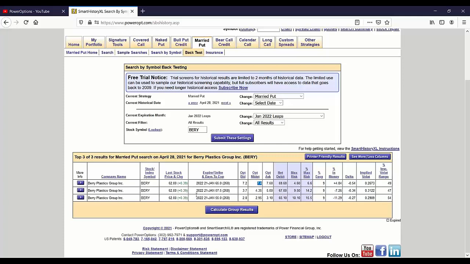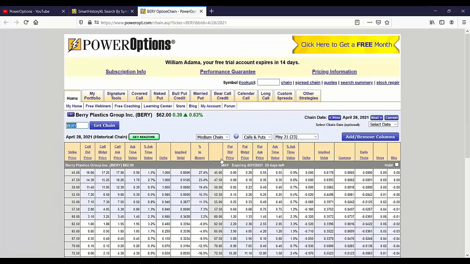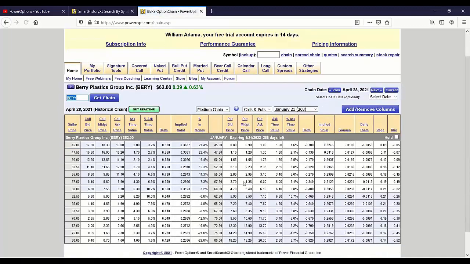But I don't see some of the other strikes here. The 60 strike, we'd probably consider that more at the money, or if there was a 62.5. So we know this risk here at 6.6%. Let's go to the option chain for April 28th for BERY Plastics, and let's go to that January series.